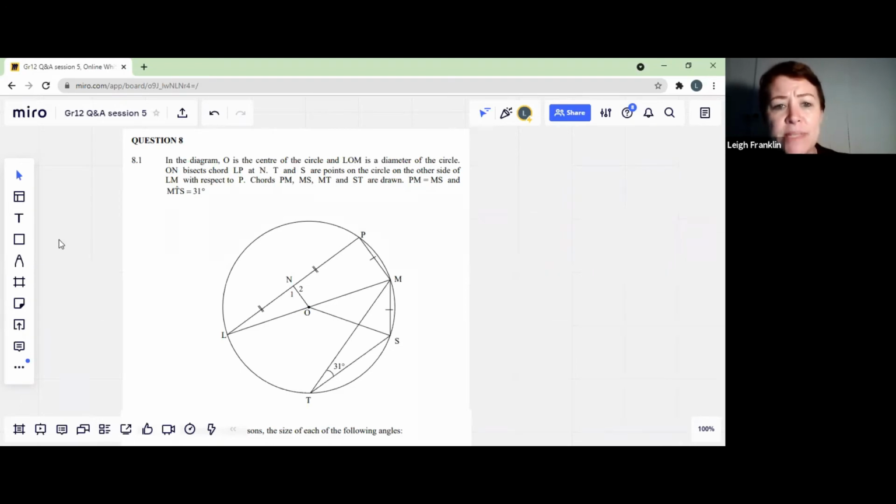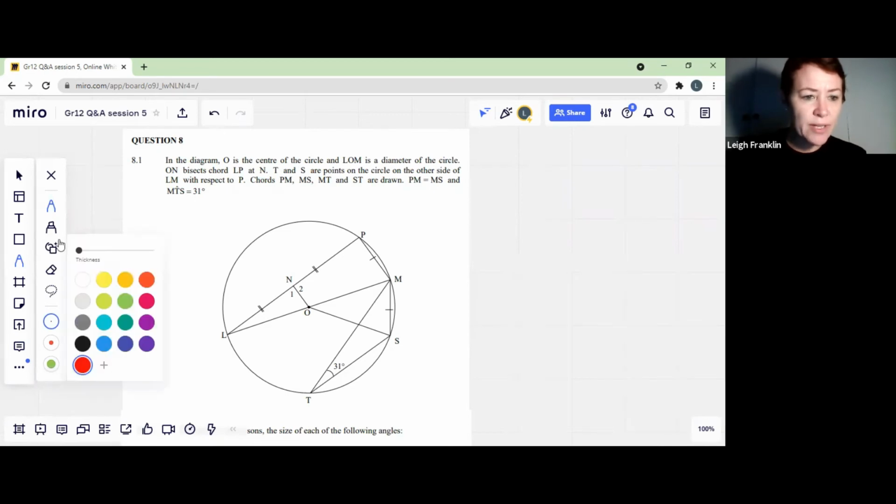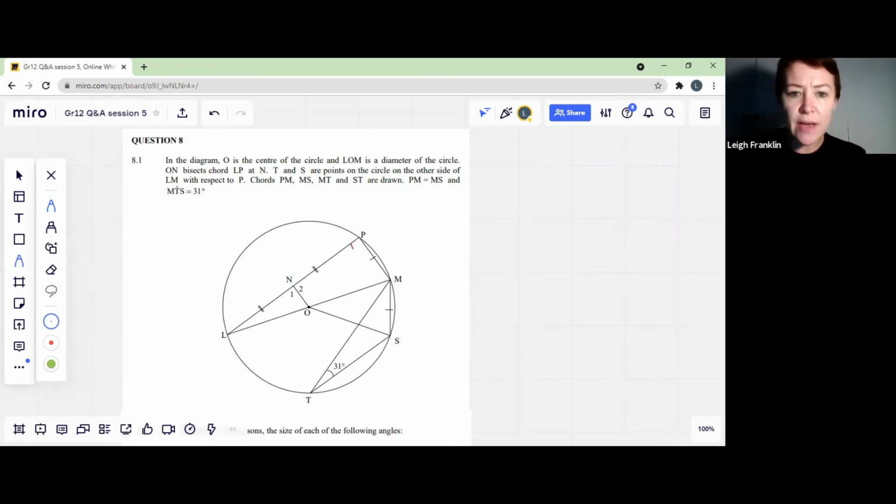And then by them telling us that LOM is a diameter, which angle are they implying would be equal to 90 because of angle in a semicircle? If they tell us LOM is a diameter, which angle is 90? Indeed, Luyanda, the angle at P. So straight away, we know that this angle over here has to be a right angle.